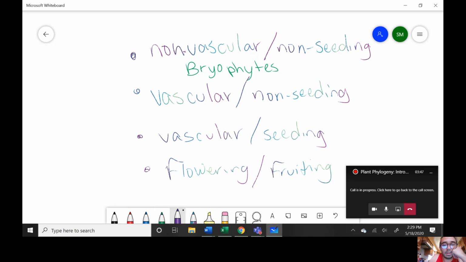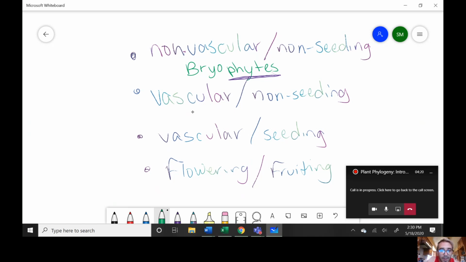Now, key thing here, whenever you see this term, phytes, you can almost always assume you're working with some sort of plant. So if you come across an exam or a test question that says, oh, this is a something phyte, is it a fungus, an animal, a plant, or whatever, phyte gives it away, tells you it's a plant.